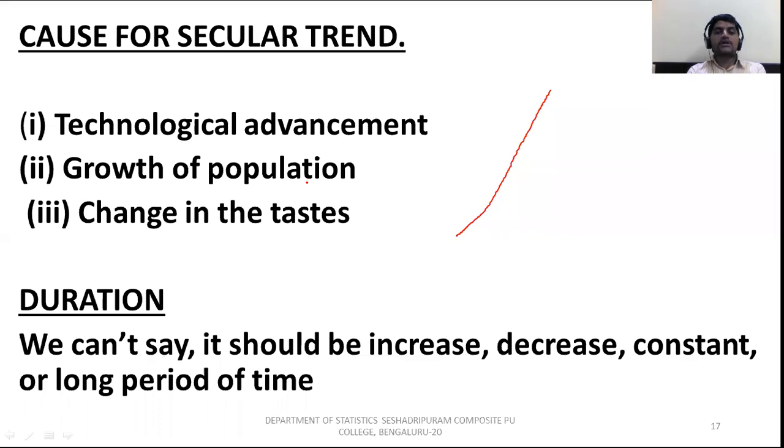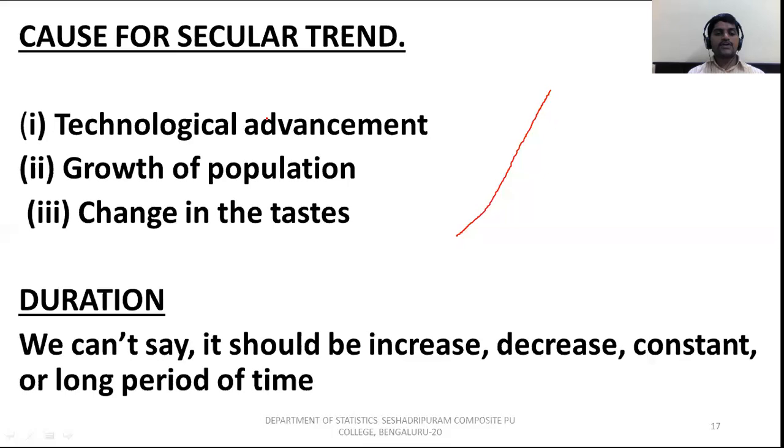The causes: number one, technological advancement; number two, growth of population; number three, change in taste. Important, guys, they ask this question: what are the causes of secular trend? These are three very good points to state the causes.